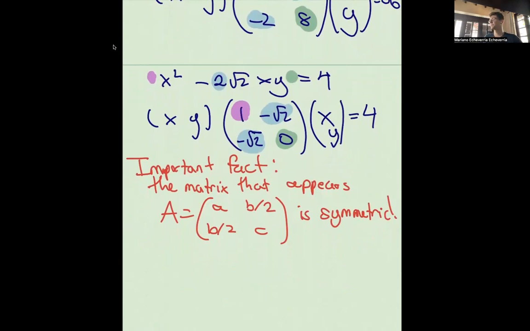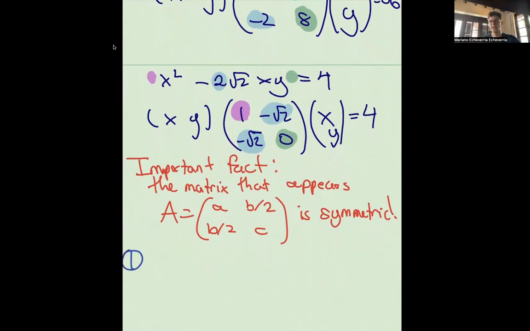So we can apply the stuff that we have been discussing up to now. Let me tell you the two important consequences of the fact that this is symmetric. You'll see why in a second when I show you the examples.